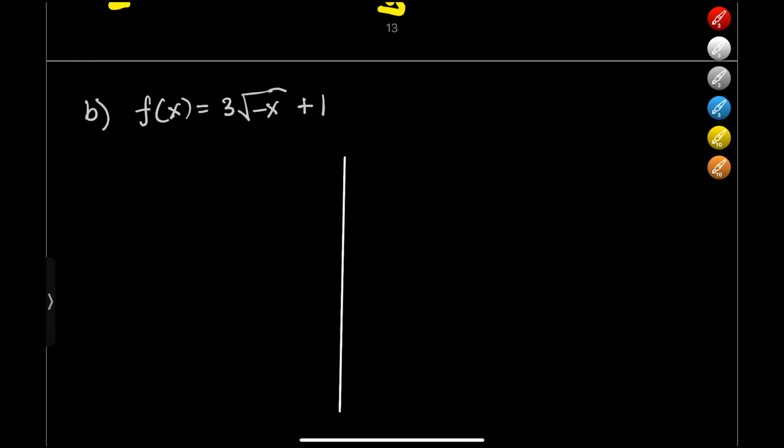Okay, so this was originally a regular square root function, and this goes something like this.